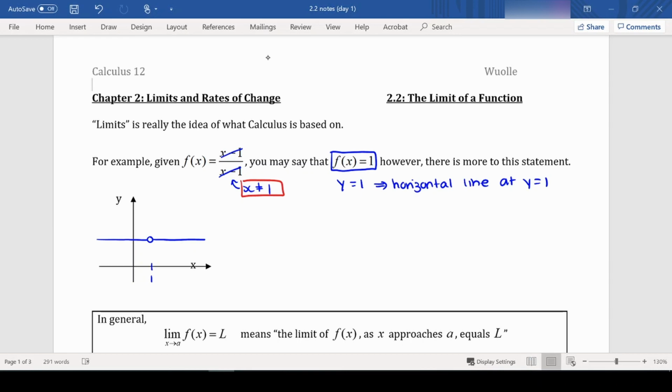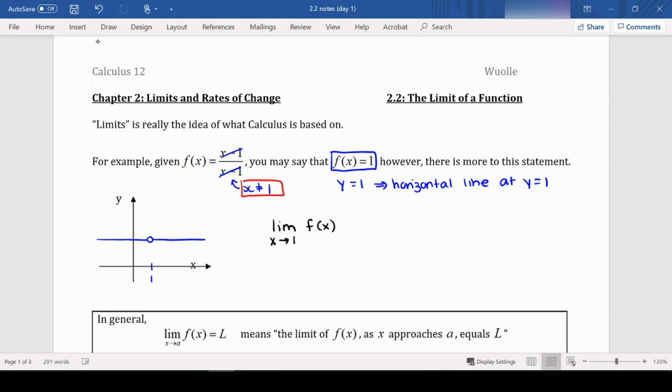Now what we're talking about is something called a limit. So if I were to write down lim for limit, underneath we usually put x approaches whatever value we want x to approach. In this case, I'm going to have that x is approaching 1 of f of x.